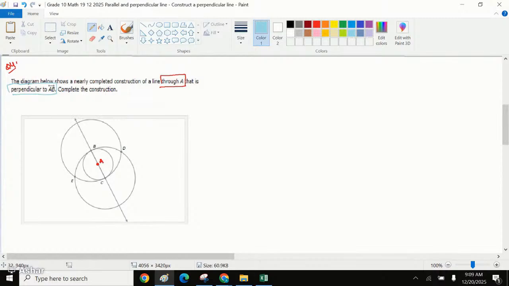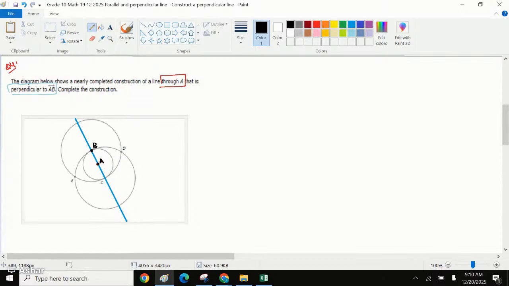Okay, if it's perpendicular to the line AB and passing through A, can we highlight the line AB first? Can we say this line is the line AB? If this was the point B, and this was the point A, this is the line AB.